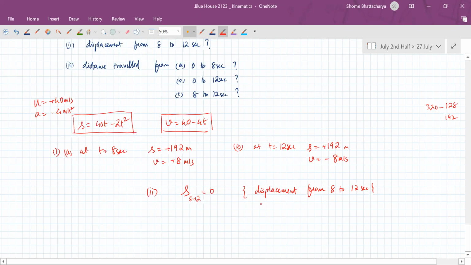As it's returning, its velocity is negative, but its speed is increasing, whereas while going in the positive direction, its velocity is positive, but its speed is decreasing. So it goes in one direction, slowing down, stops at some instant, and then comes back via that same path, and while coming back, its speed is increasing.